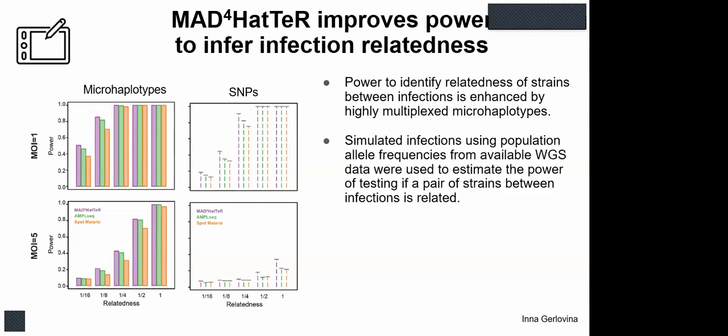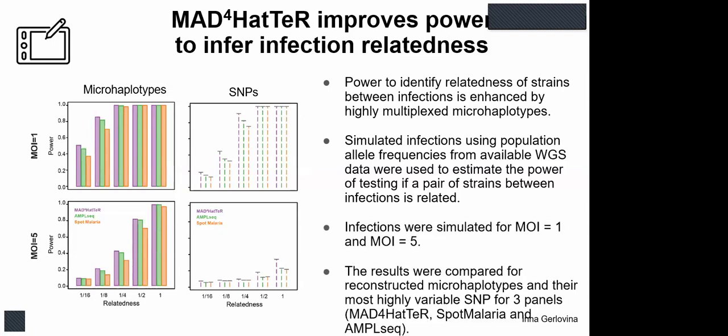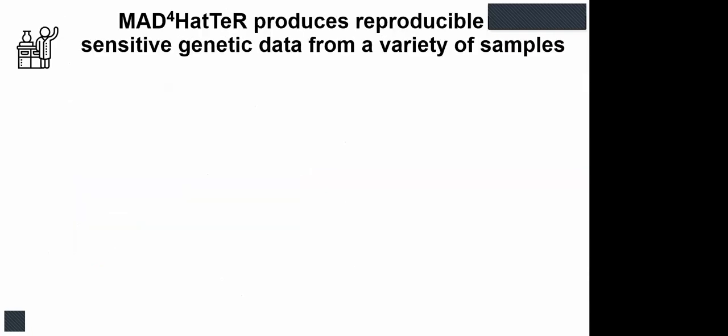So if you look at SNP data, even with the SNPs simulated from whole genome sequencing with different population allele frequencies, compared to reconstructed microhaplotypes, the data are showing that Mad Hatter still had a higher edge compared to the other two panels, Amplisec and SpotMalaria, which have been in existence before Mad Hatter came in.